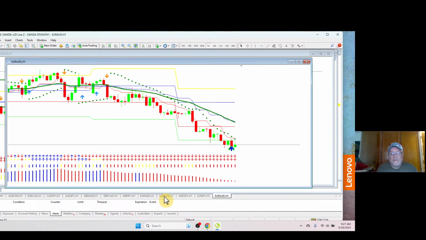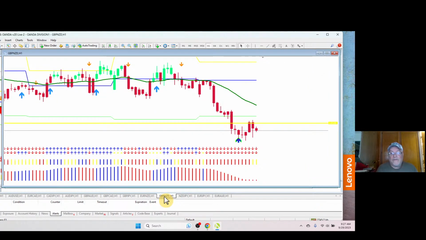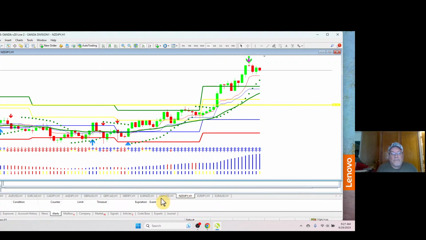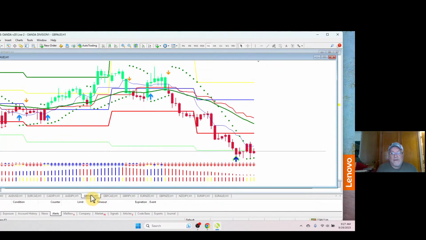Pound New Zealand, what is it doing? It's trying to come back down a little bit. New Zealand yen. Pound Aussie. So we're stuck waiting. Less than 3 minutes to the New York Open.